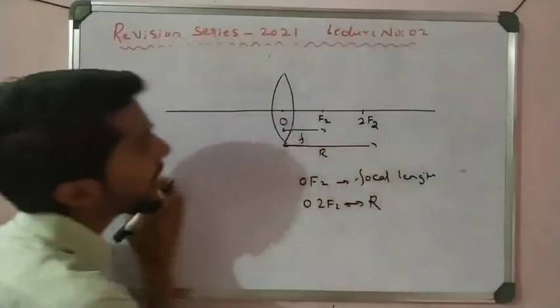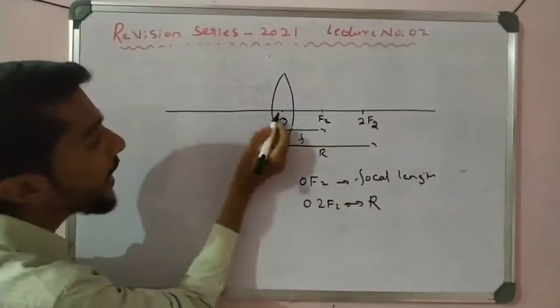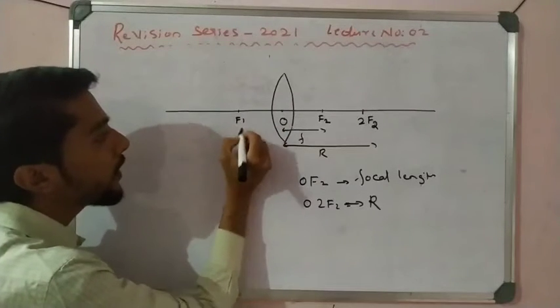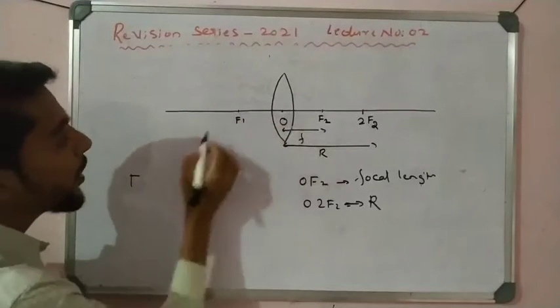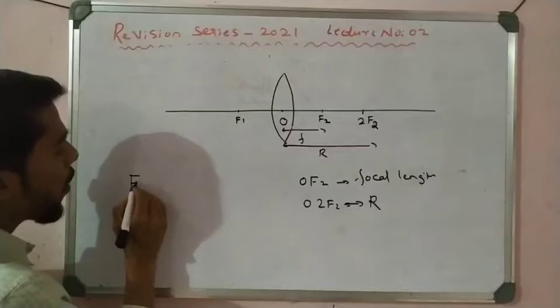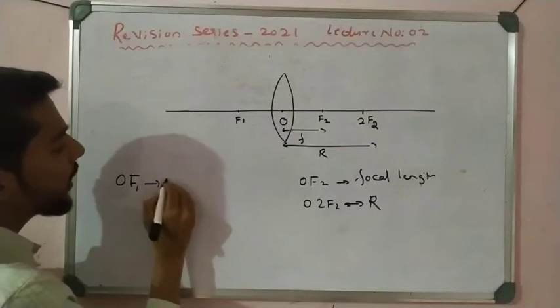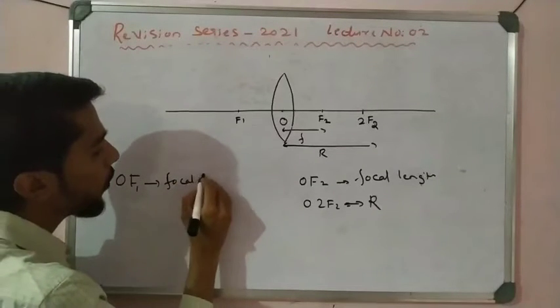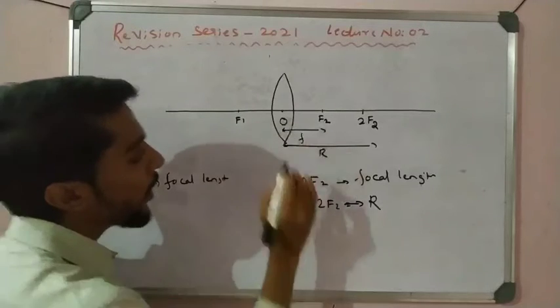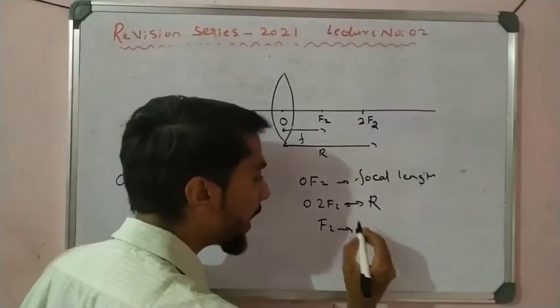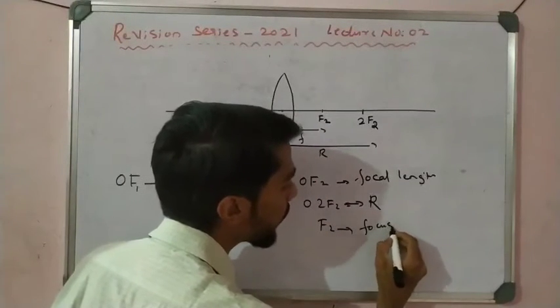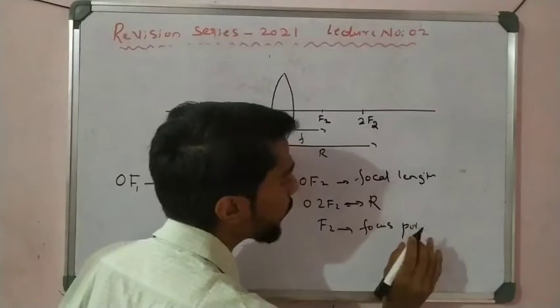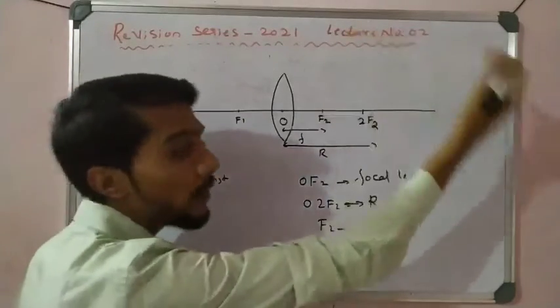Okay, so this is how we have to take. Now on this side, again, I take F1, and OF1 is the focal length. And F2 here is only a focus point. The first focus point, the second focus point, the third focus point, like that.